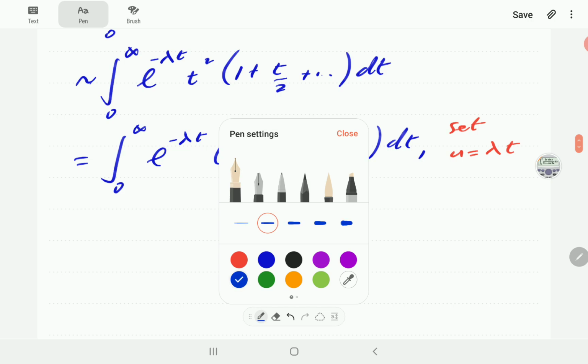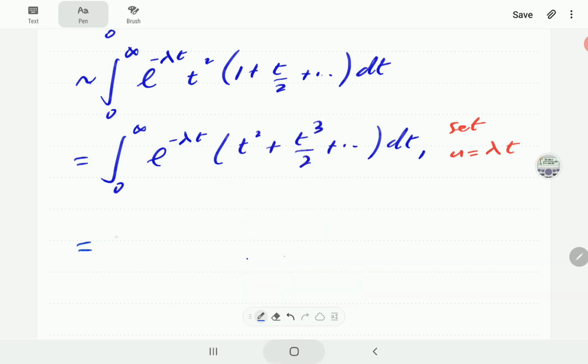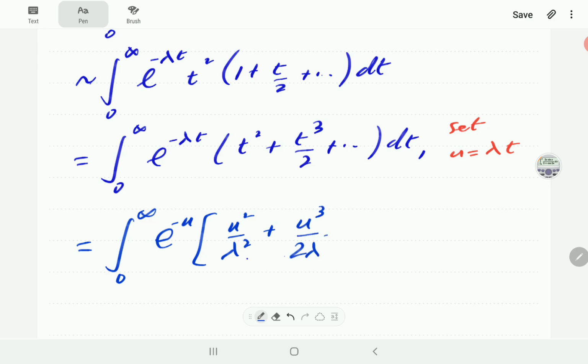If we do that, then this integral still has limits from 0 to infinity. This is going to be e to the minus u times u squared over lambda squared plus u cubed over 2 lambda cubed, and then du over lambda.